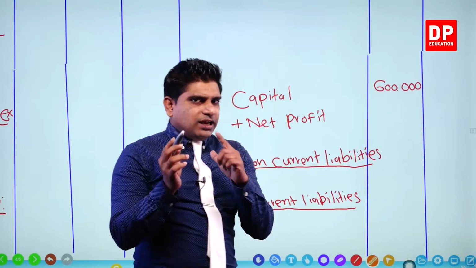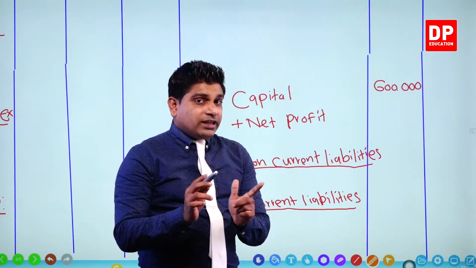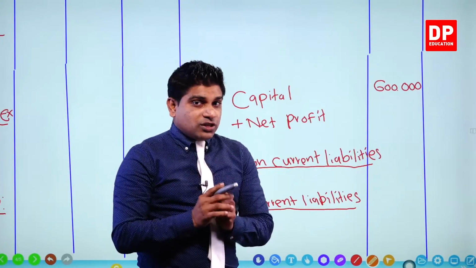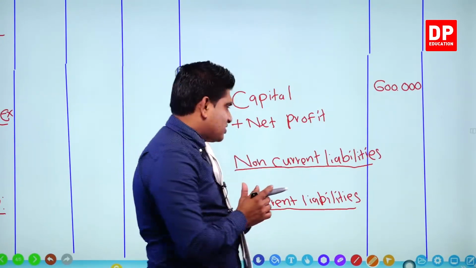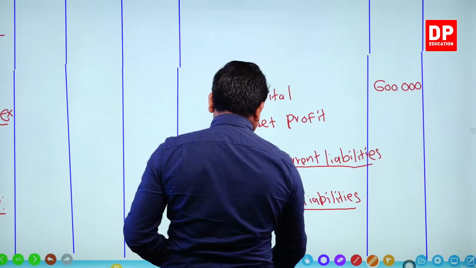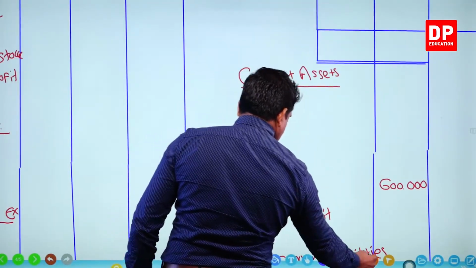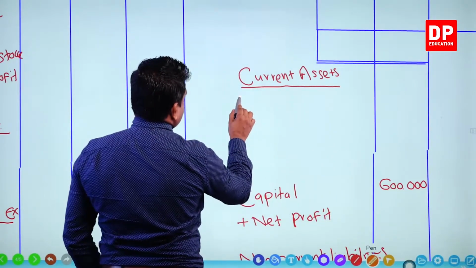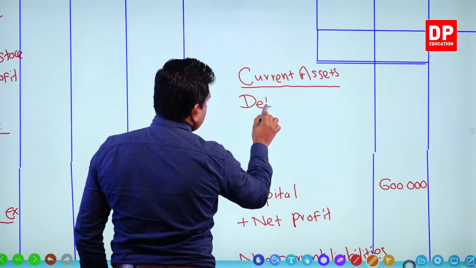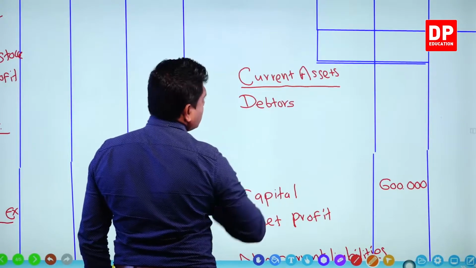Do you remember the next one? It was trade debtors. The value is 34,000. Where do we put it? Under the current assets. Debtors 34,000.